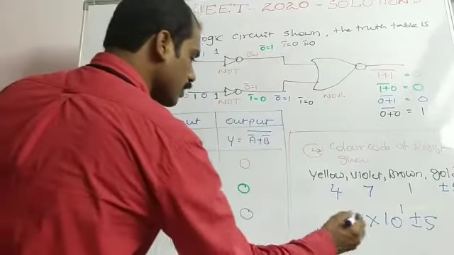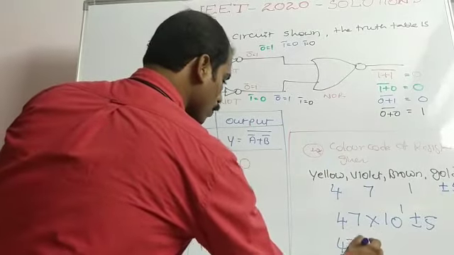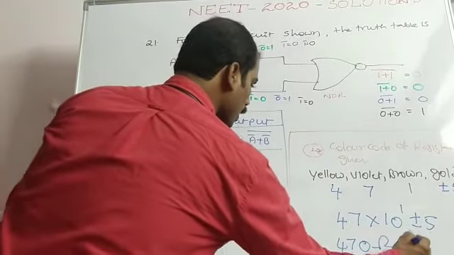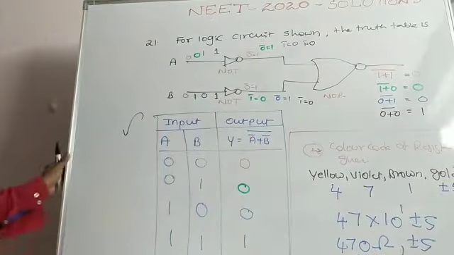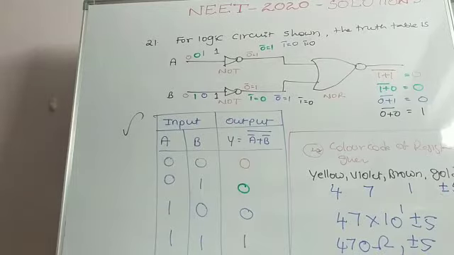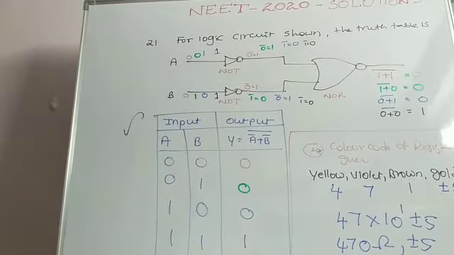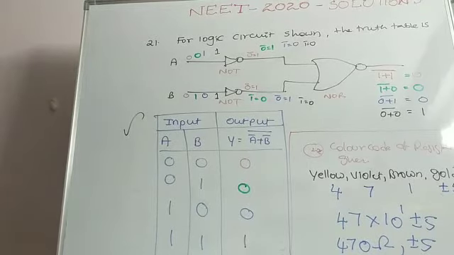In the given options we have 470 ohm, plus or minus 5 percent. For that, the third option is correct.